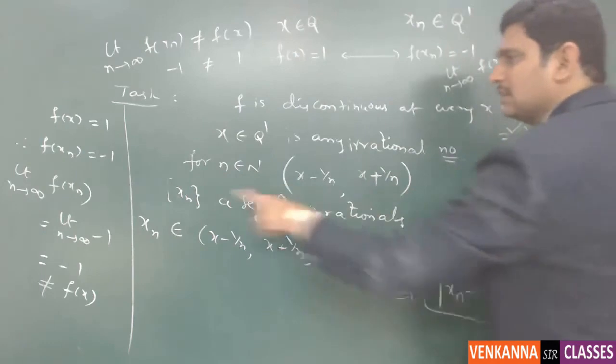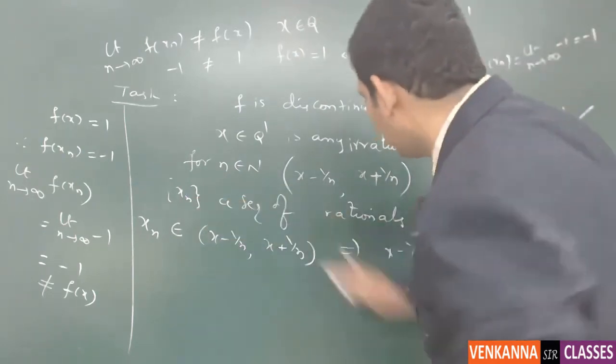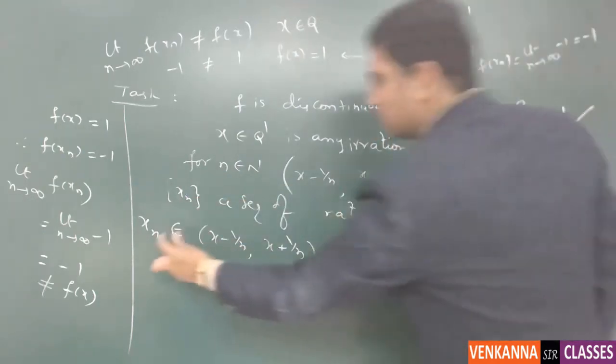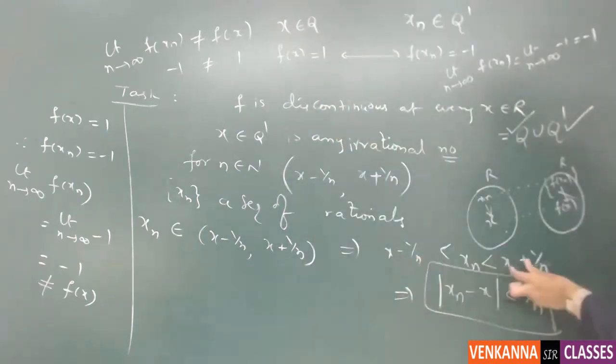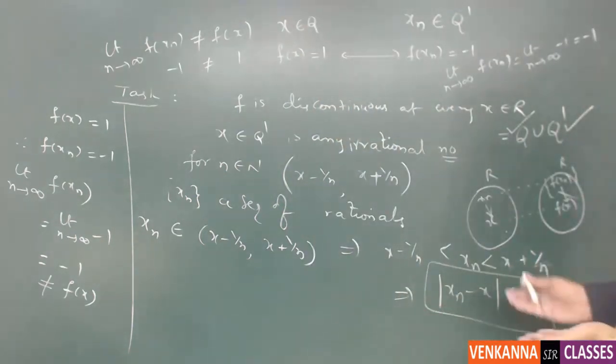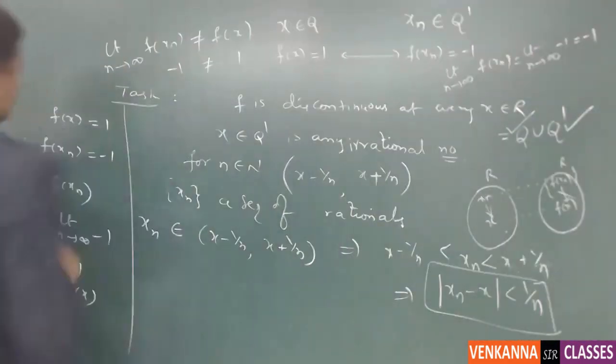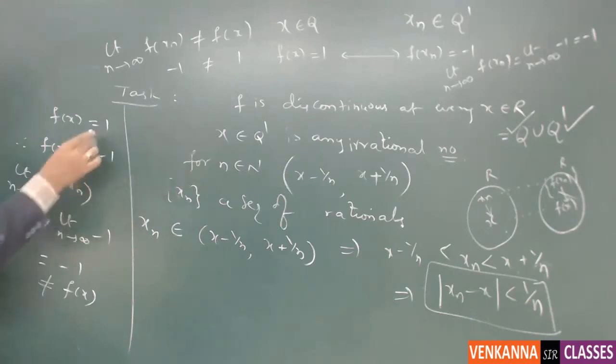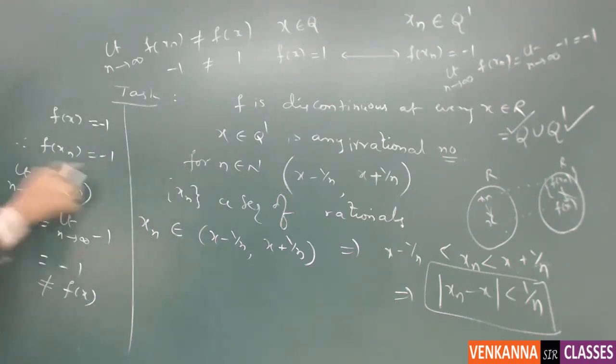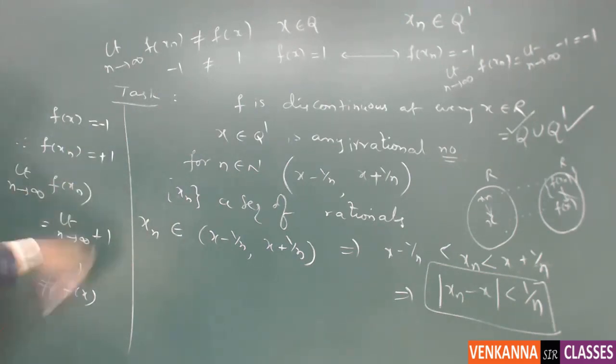For n belonging to N, you take a sequence of rationals. So xn belongs to here. So I have identified a sequence xn converging to x. Since x is irrational, f of x is equal to minus 1. Since xn is rational, f of xn is equal to plus 1. Limit n tends to infinity f of xn is equal to plus 1, which is not equal to f of x. Therefore, f is discontinuous at every irrational number.